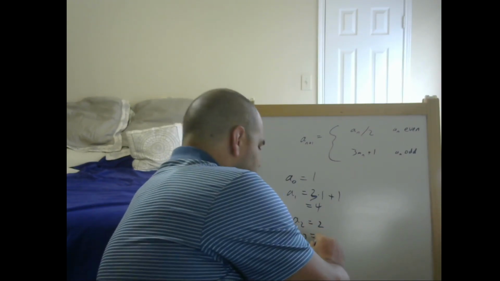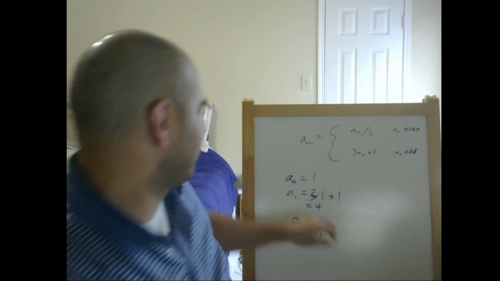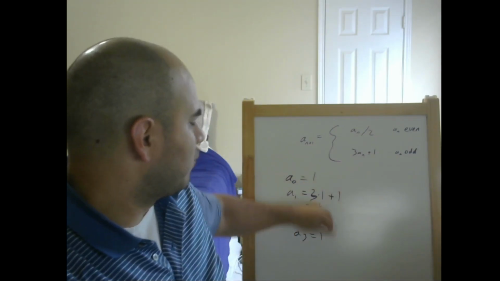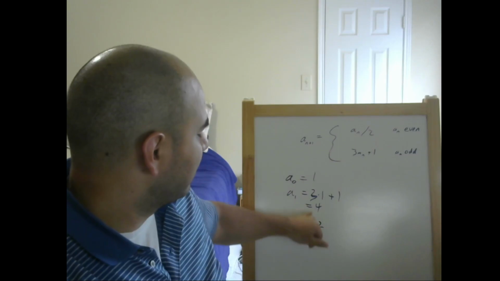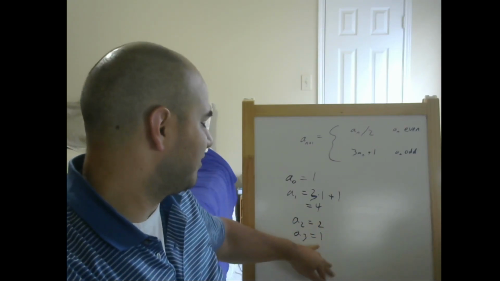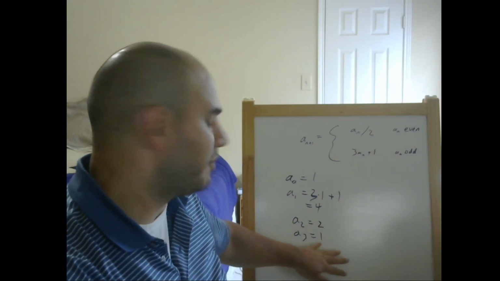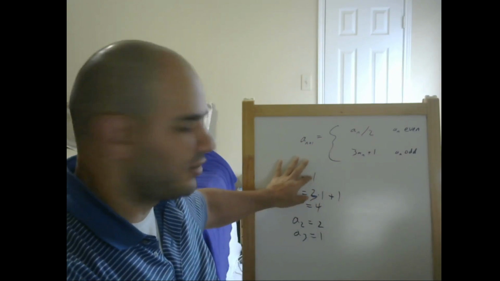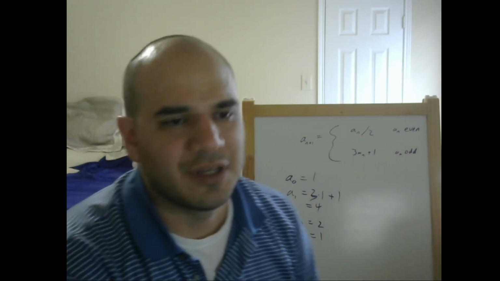And this is even, so we cut it in half. And so if you start with 1, then you get the full cycle. If you start with 4, then you just cut it in half. If you start with 2, you cut it in half, and you terminate with 1 eventually. But you're back to your initial choice, and so you'll just continue in that loop.